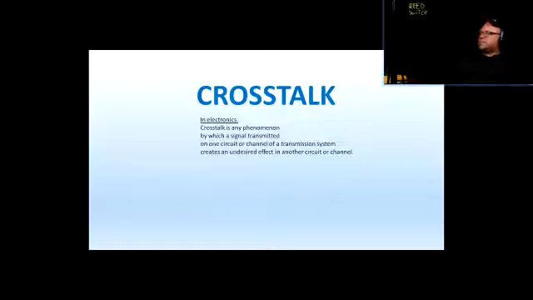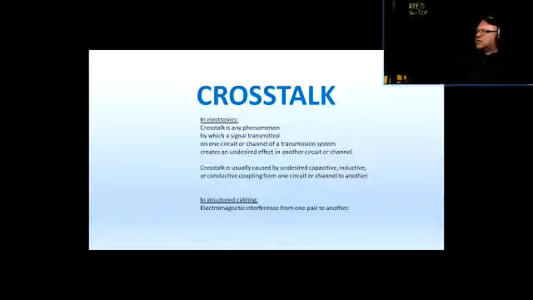All right, crosstalk is usually caused by undesired capacitive, inductive, or conductive coupling, which is affection or connection, from one circuit or channel to another. Right? In structured cabling, it is electromagnetic interference from one pair to another. So when one pair is in close proximity to another pair, then we're going to have what's called crosstalk.